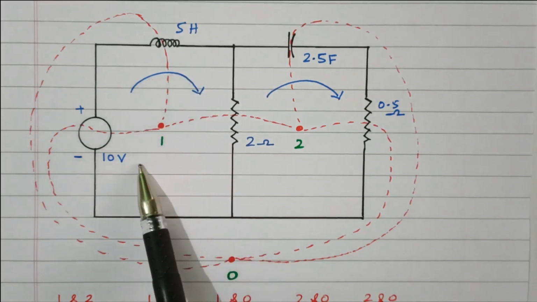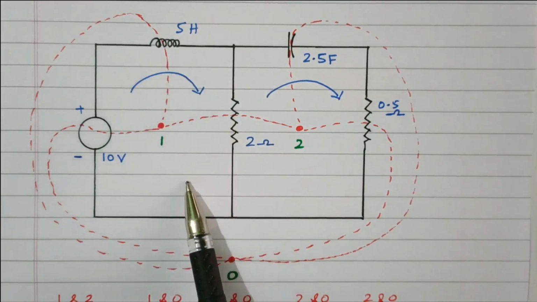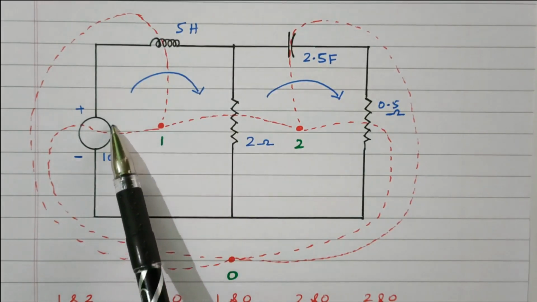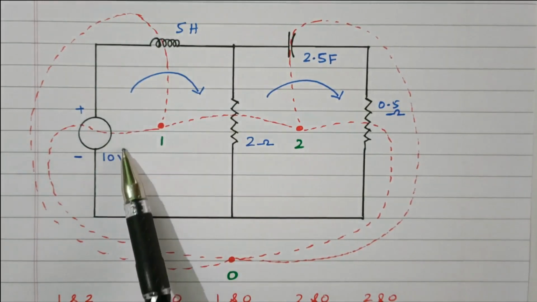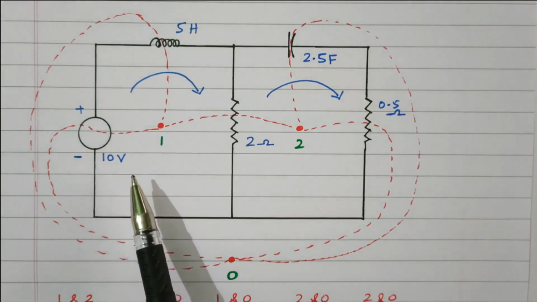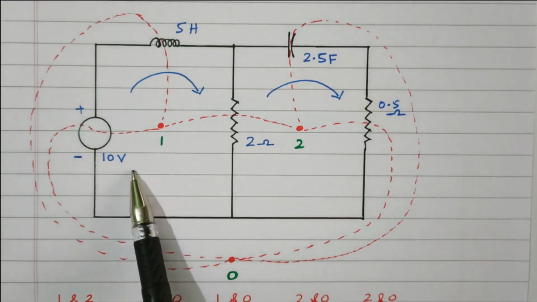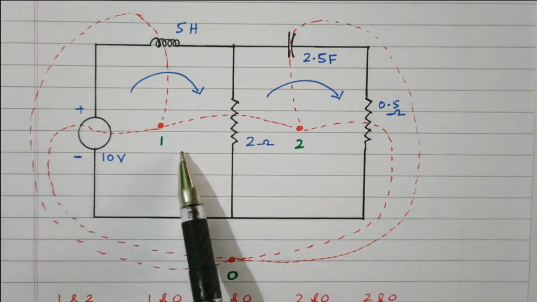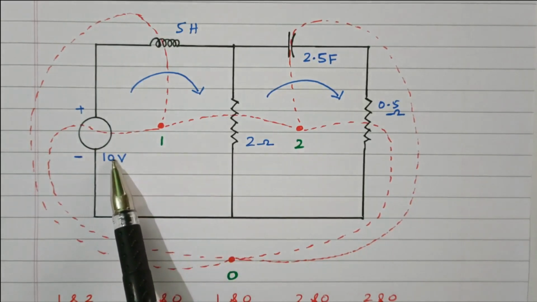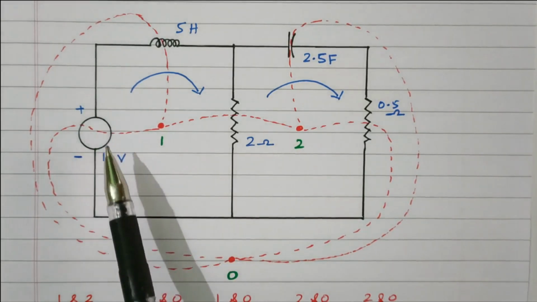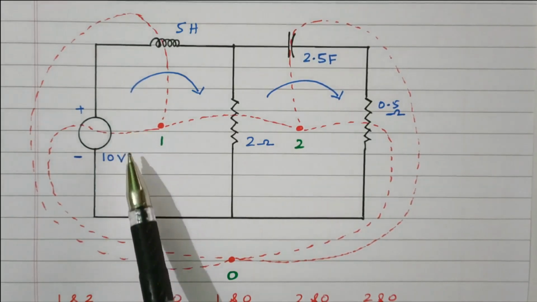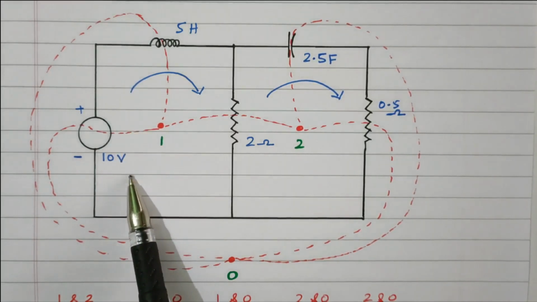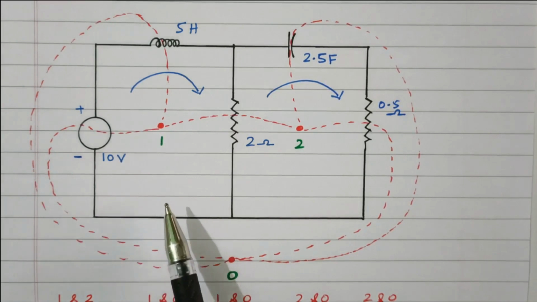See the current direction: the current is flowing in the clockwise direction, from negative polarity to positive polarity. Negative to positive means rise in potential. So the current source is also going in the upward direction.